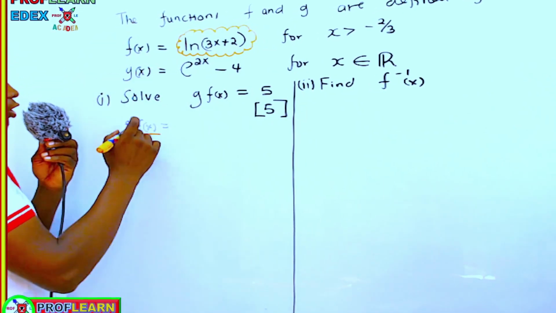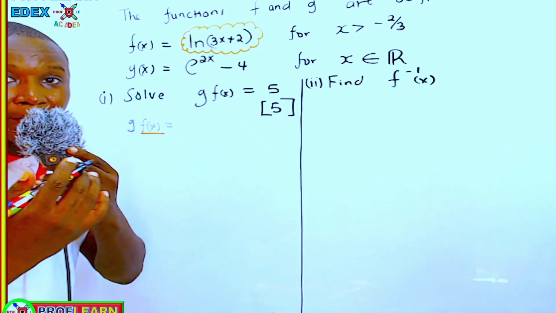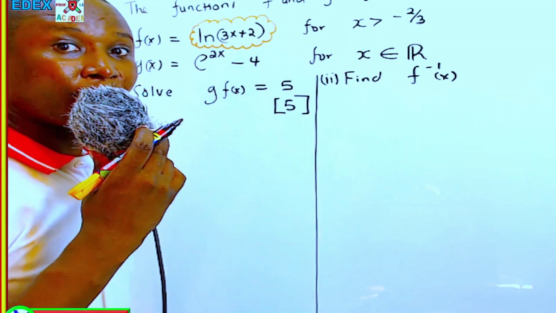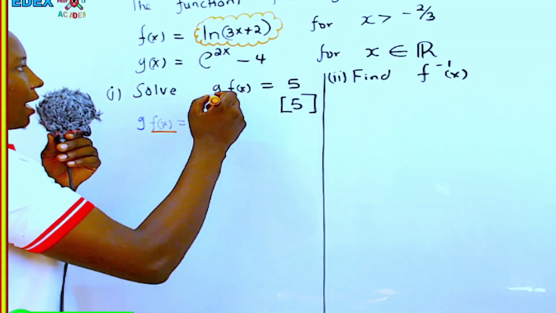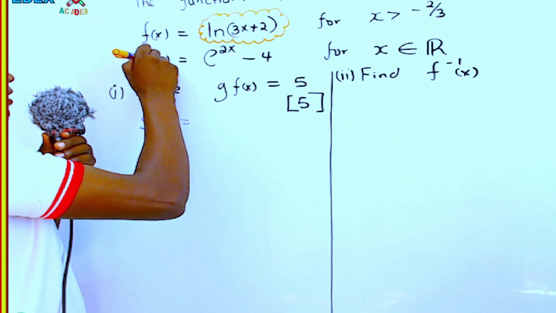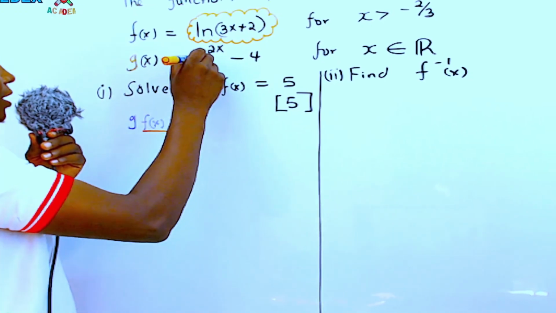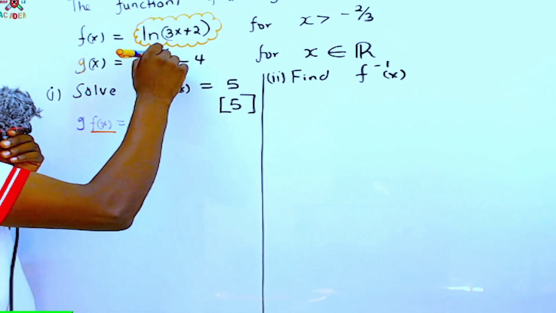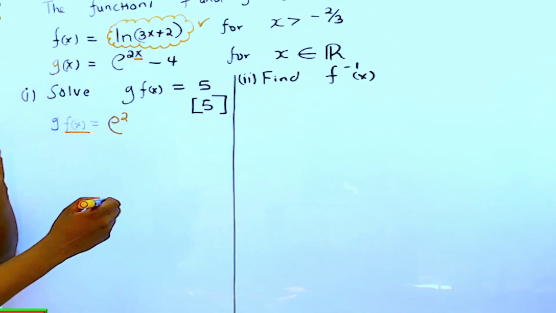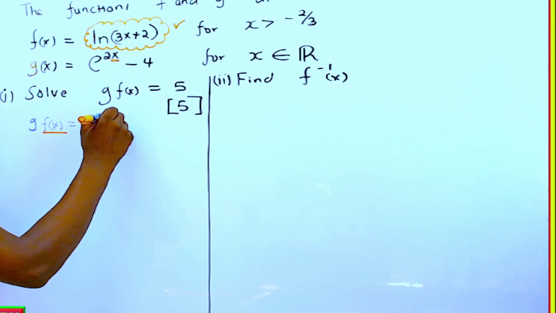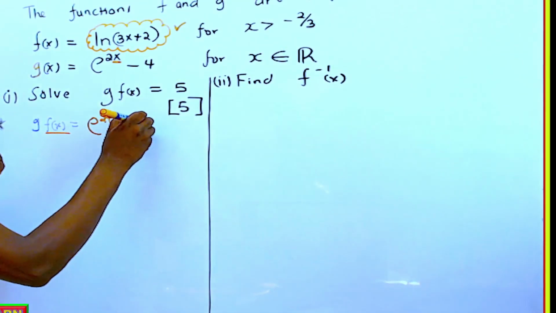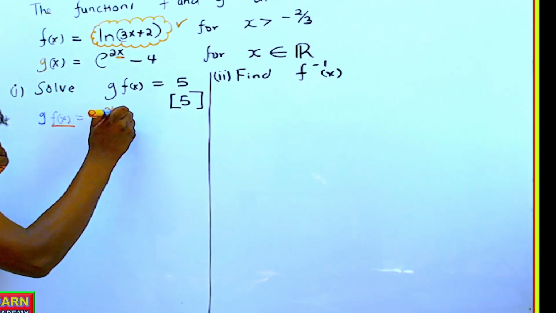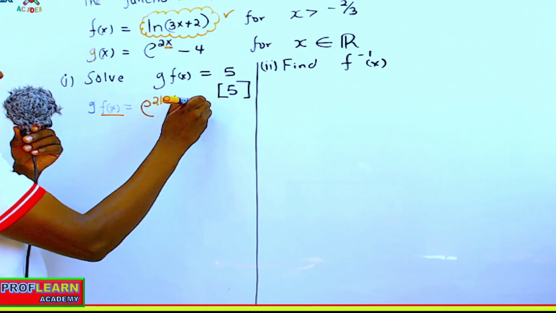So g of x is e to the 2x minus 4, and instead of x we put in ln(3x + 2).